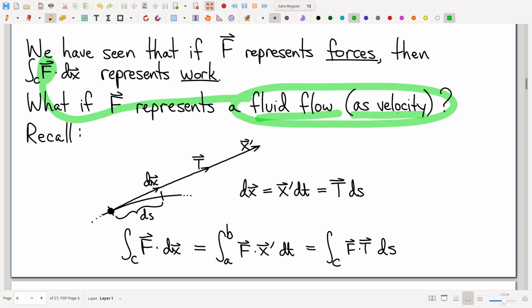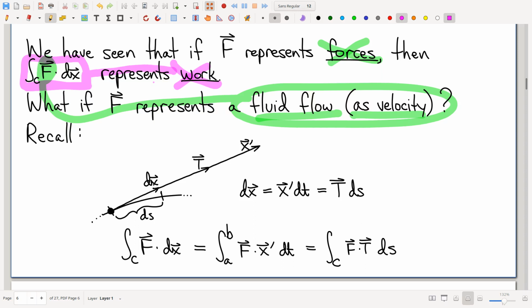Well, if that's the case, no forces anymore. Right? If our vector field represents velocity of a fluid, now what does this represent? It's not work anymore. This is no longer force dot displacement. Now this is velocity dot displacement. And velocity dot displacement. Okay, so what does that even mean?